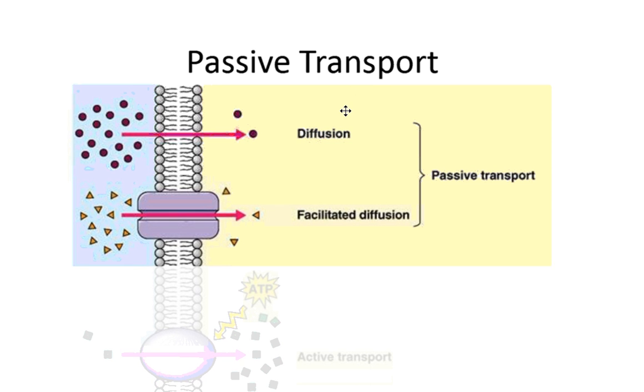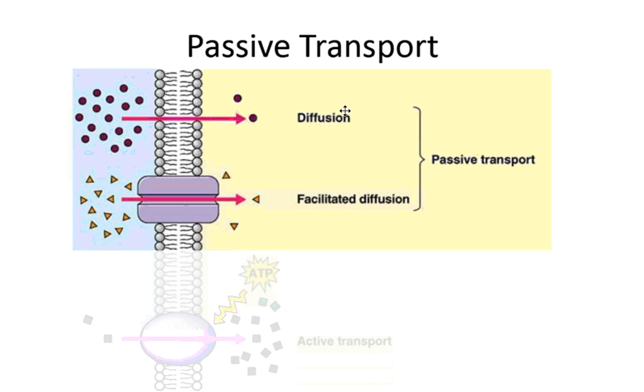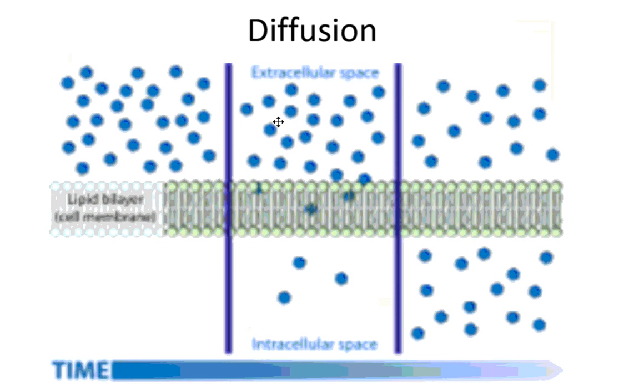So with passive transport, there are 2 kinds of passive transport. One of them is just simple diffusion. And diffusion is the movement of materials from an area of high concentration to an area of low concentration. It's just what we've been talking about. See at the top there, there's a lot of concentration. There's a membrane that allows the passage of blue things, and over time they will move to where both sides are at equilibrium.